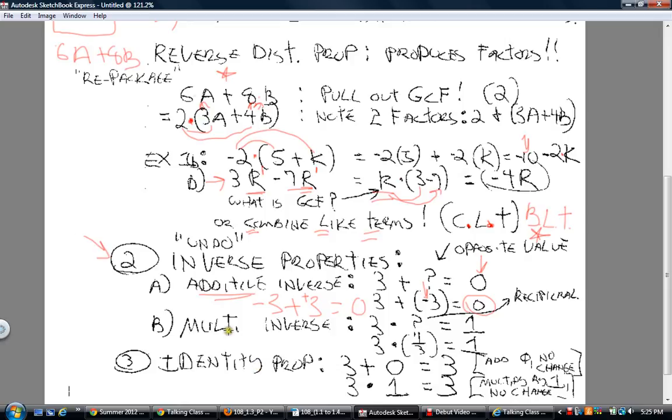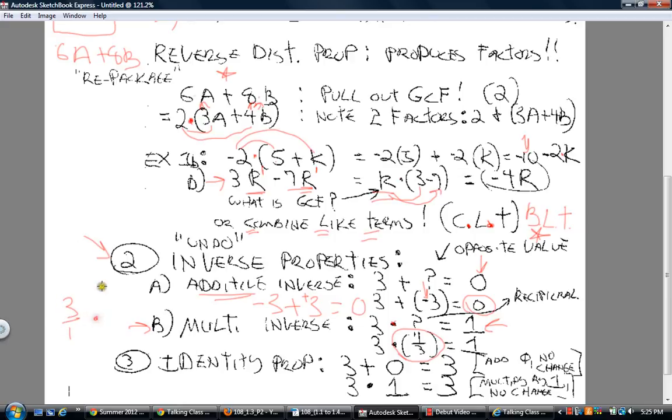Okay. Now, B here says multiplicative inverse, says take a number like 3, multiply by what produces a 1. And hopefully you remember what a reciprocal is. If you take the number 3, 3 divided by 1 is a way to represent a whole number as a fraction.